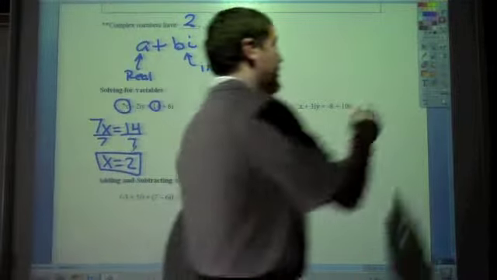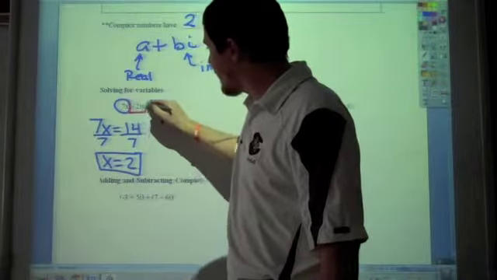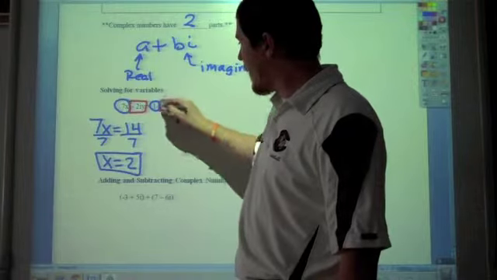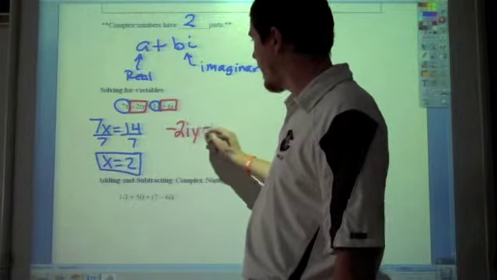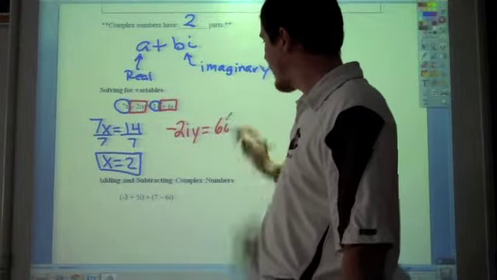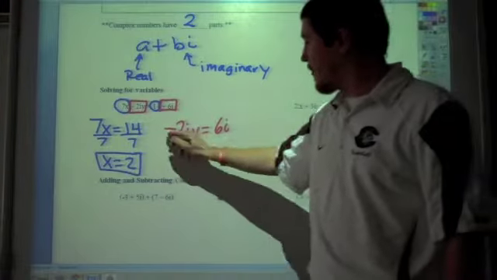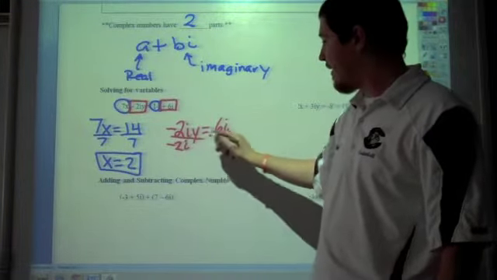Then you take the imaginary parts and you set them equal. Negative 2iy equals positive 6i. We need to get y by itself, so we divide both sides by negative 2 and i.